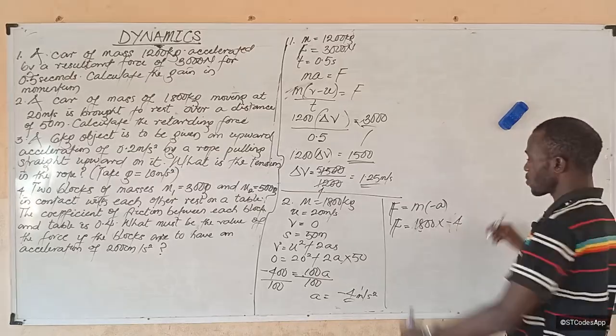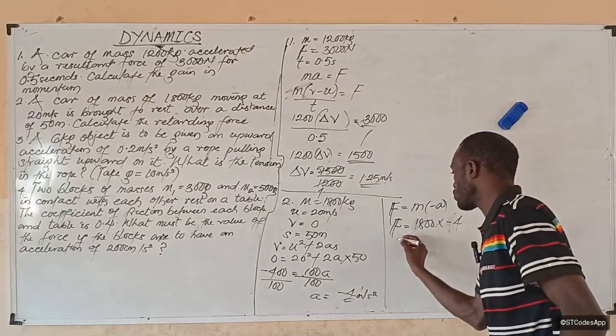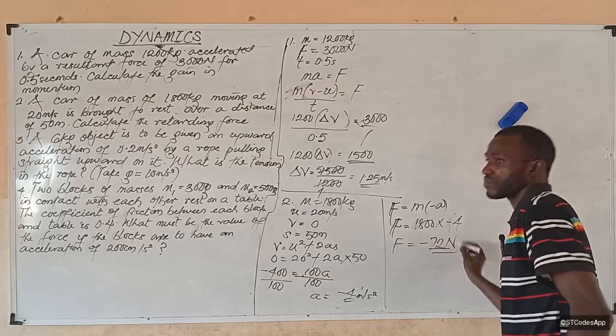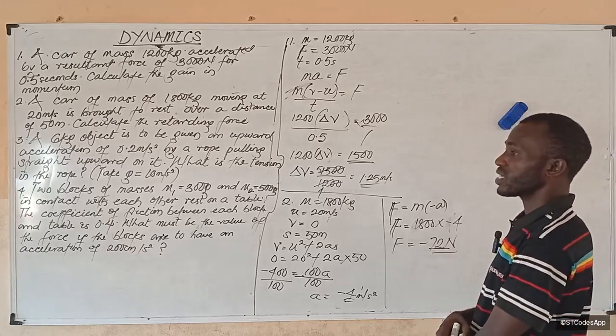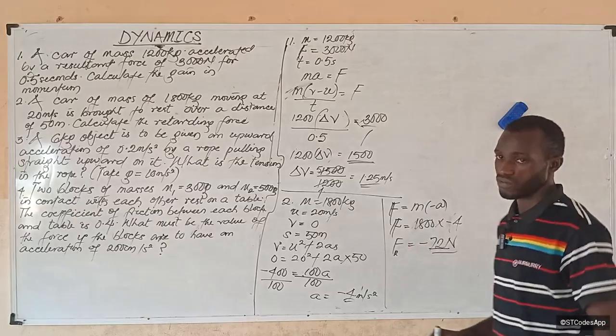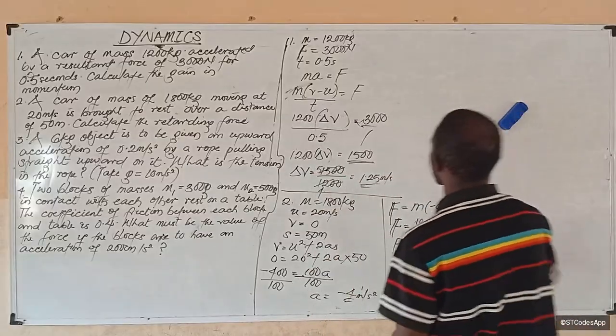So 4 times 18 is 72, so F equals negative 7,200 Newtons. All right. So that is how to calculate the retarding force. This will be the retarding force. All right. The next one.